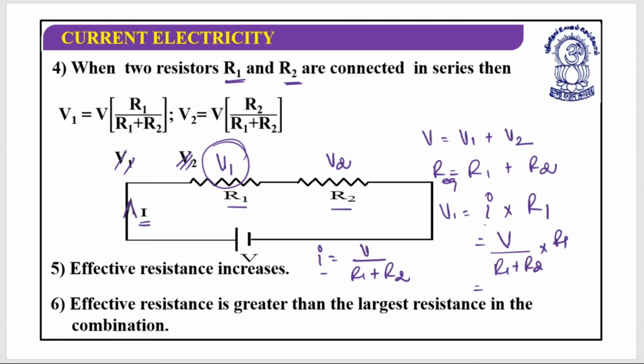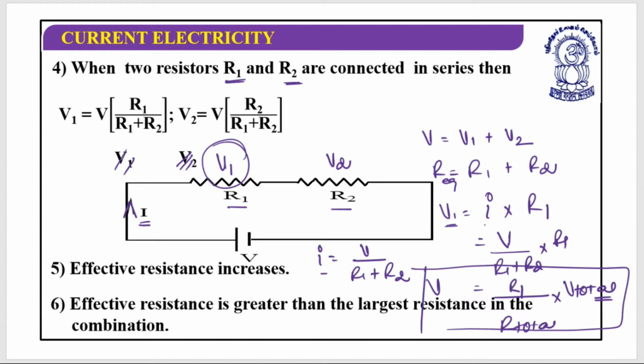Or you can say the potential difference across any resistance can be written as its own resistance divided by total resistance multiplied by V total. Please remember, this is known as the voltage divider rule.